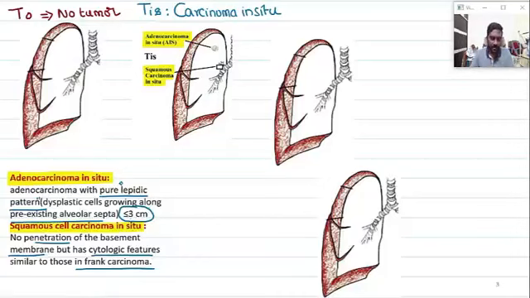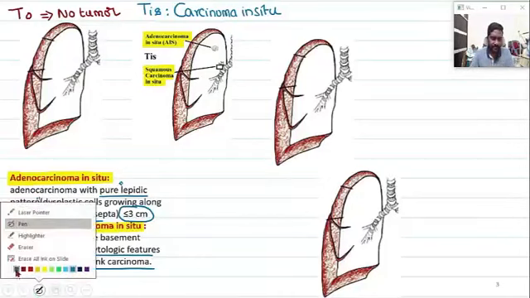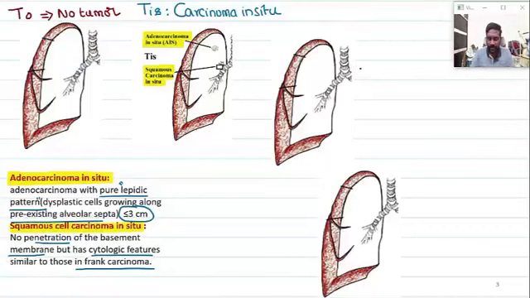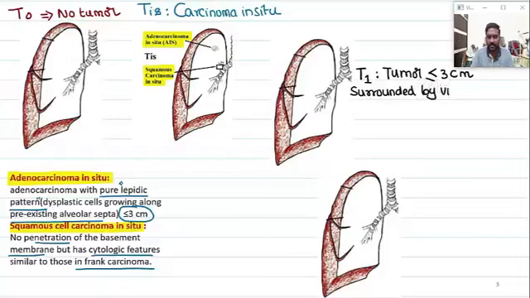Then we have T1. So what is meant by T1? Tumor of size less than or equal to 3 centimeters, surrounded by visceral pleura.